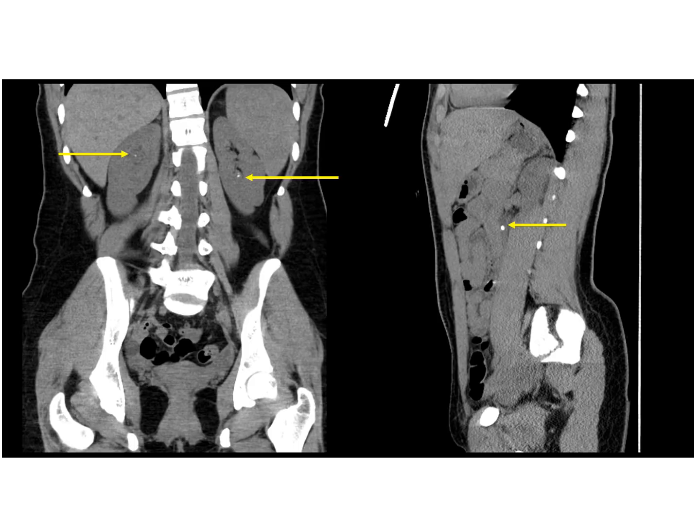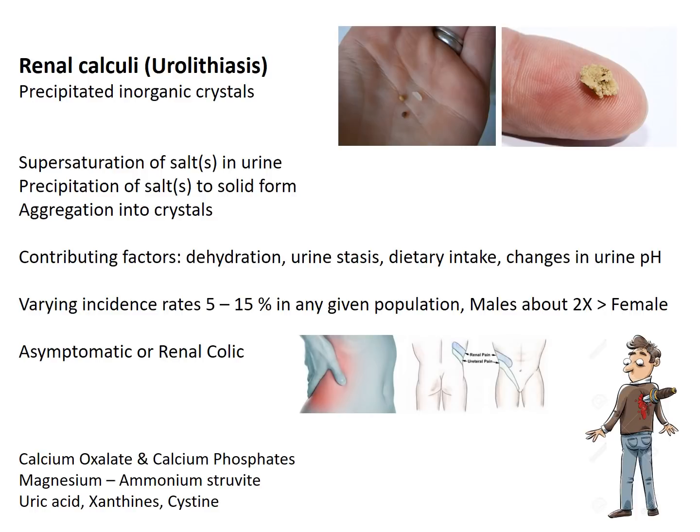Let's talk a little bit about stones. Urolithiasis or renal calculi, medical terms for kidney stones, right? Stones are nothing more than precipitated inorganic crystals, and you can see some gross, visible to the naked eye, renal stones on the finger and in the palm of the two pictures there.